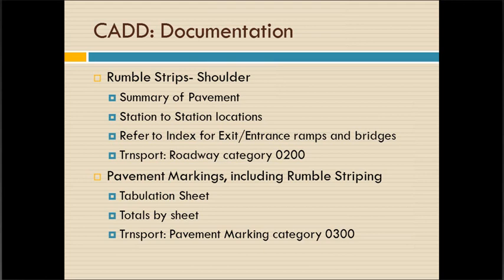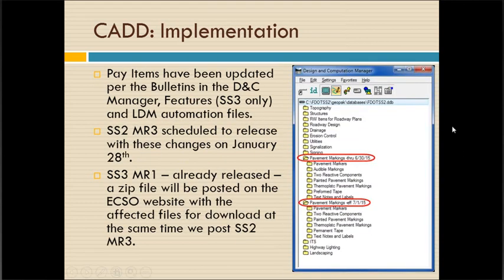Of course, like the rest of the markings are going to be totaled by sheet. And when you calculate those with the DNC, or you input the quantities in the transport, they go into the 0-300 category, which is for your signing and pavement markings.